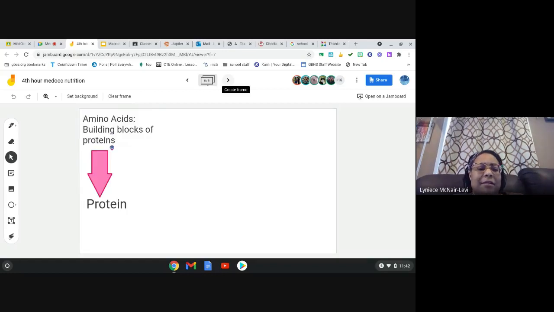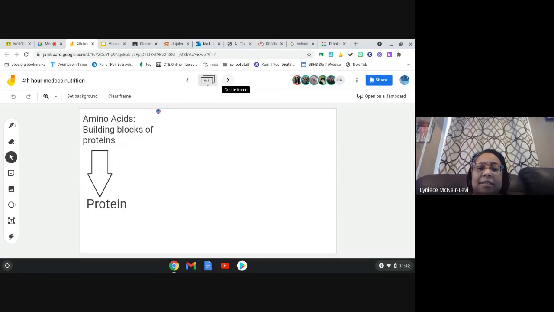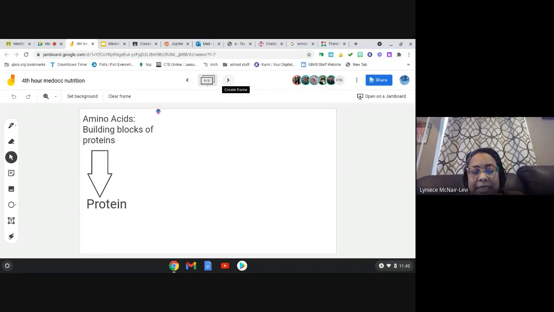This is way harder than I thought. So there's 20 different amino acids, and of those 20, 9 are what we consider essential. So 20 amino acids, and then 9 are essential.